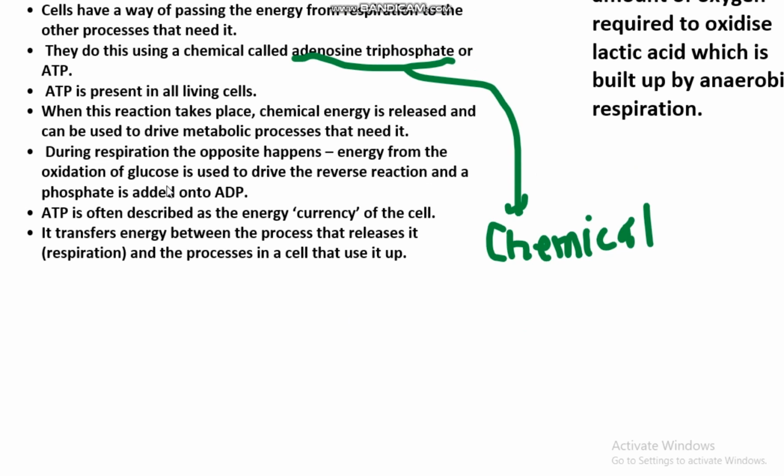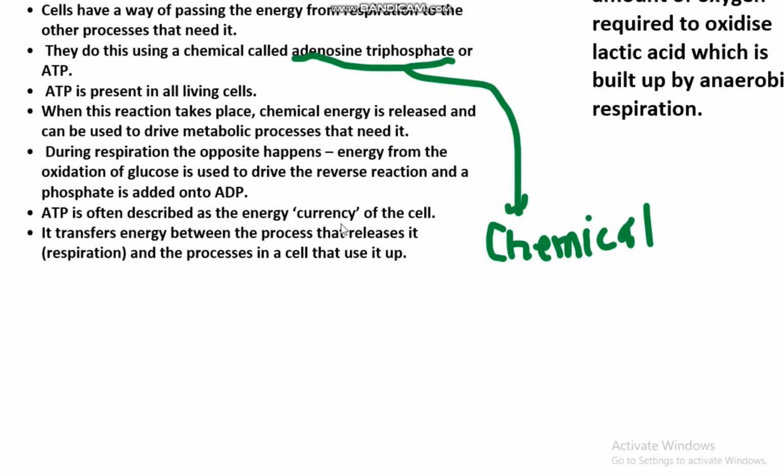Energy from the oxidation of glucose is used to drive the reverse reaction, adding the phosphate. ATP is often described as the energy currency of the cell. It transfers energy between the processes that release it, respiration, and the processes in a cell that use it up.